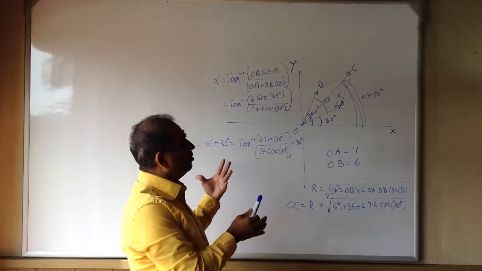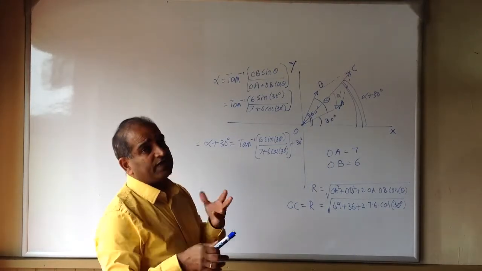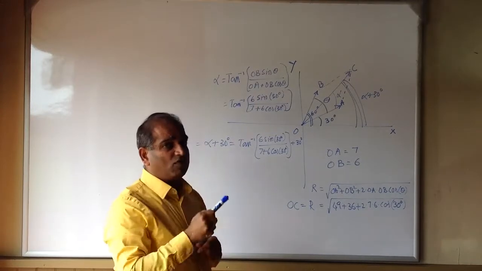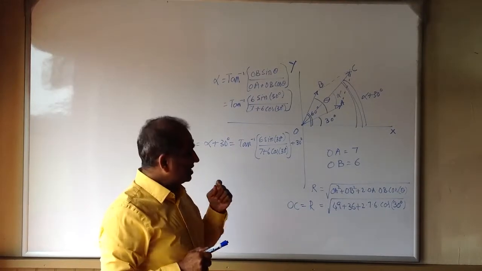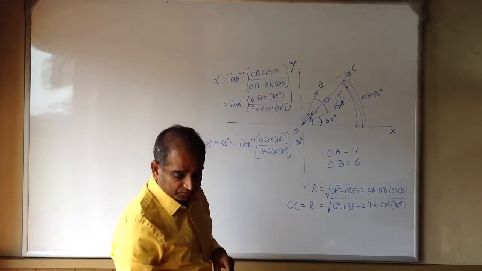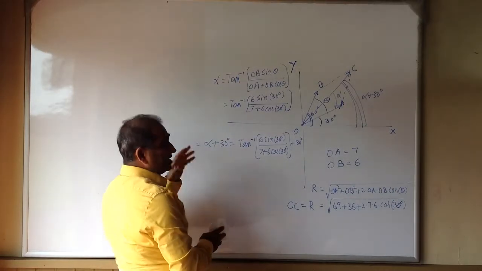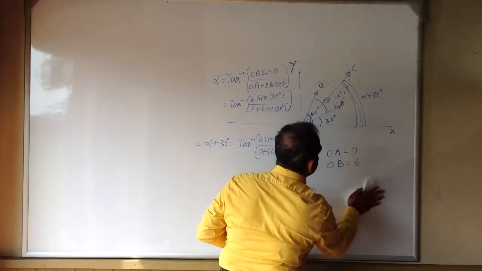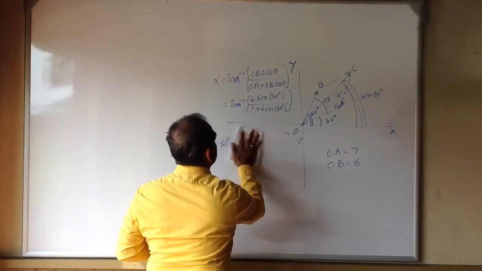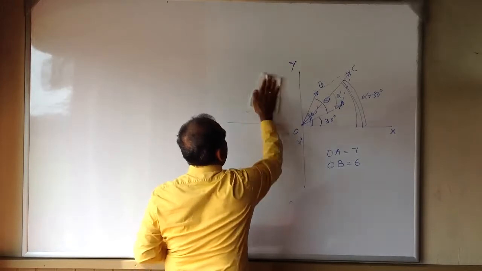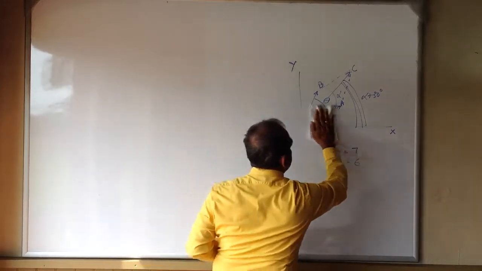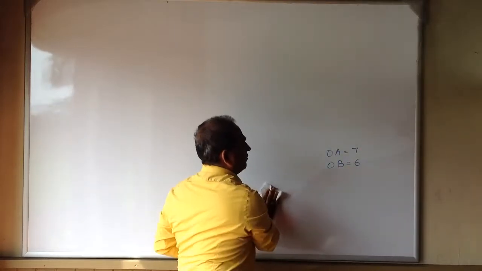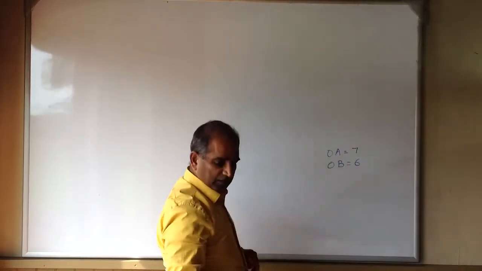But is this the only method to find it, or do we have any other method? Yes, we have one more method. Let's see that method now. I will erase everything here and redraw everything for the sake of clarity.